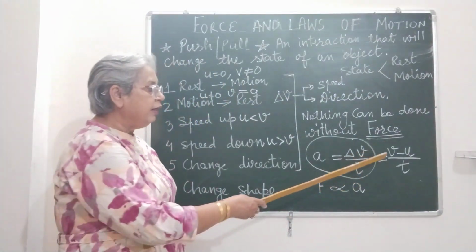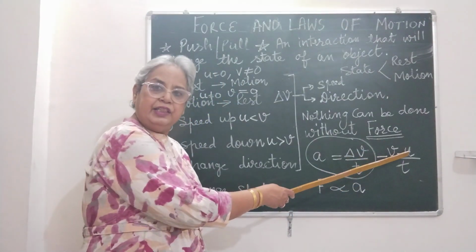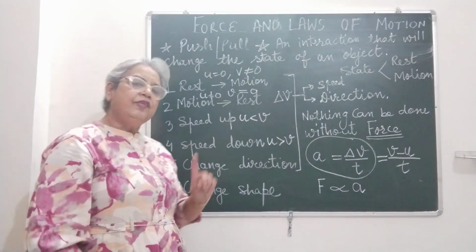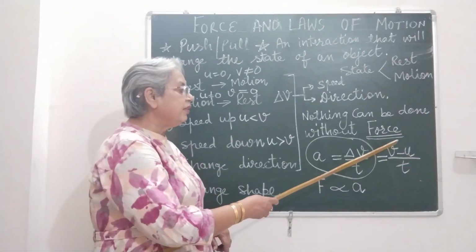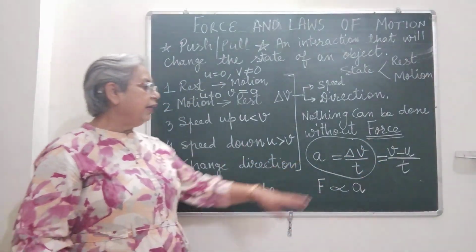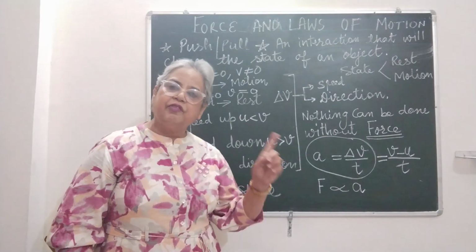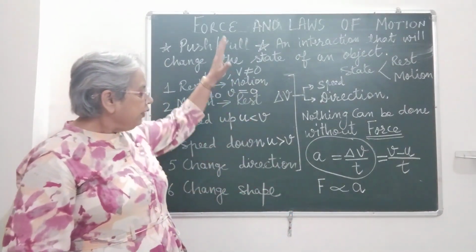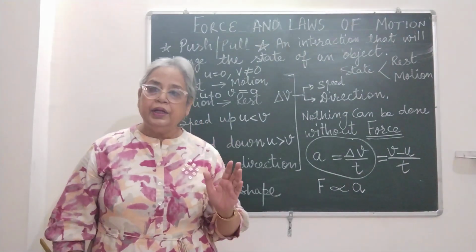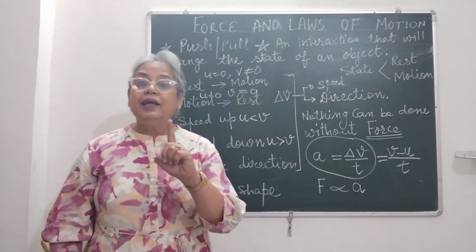Okay? If final velocity is more than initial, then there will be positive acceleration, and vice versa. If final velocity is less, that is, there is speed down, then there will be acceleration, but it will be negative. So, in this concept, we have come to an inference.